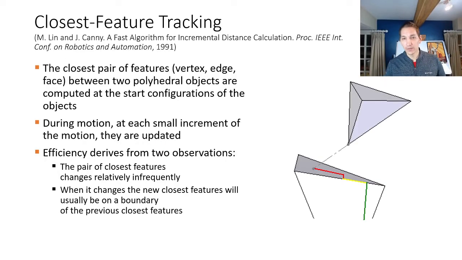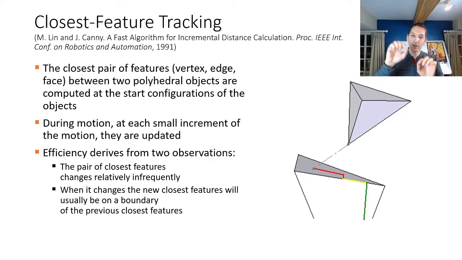The next technique we'll talk about is closest feature tracking. Especially for convex objects, this is a very efficient and also optimal method for doing distance computations. The nice thing about two convex polytopes is that the closest pair of features between the two objects doesn't move very much as they rotate.